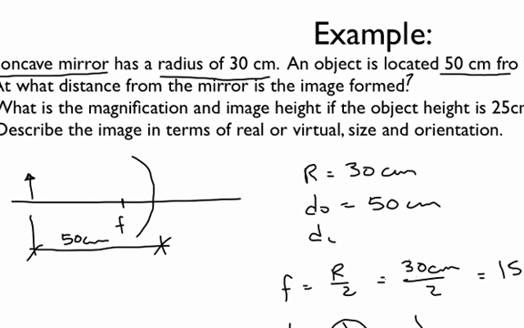So let's hold on to that. And then if we want to find the actual height, well, the magnification is equal to HI over HO. So the image height is equal to the magnification times the object height, which is 0.428 times the object height, which was 25. So the image height comes out to 10.7 centimeters.